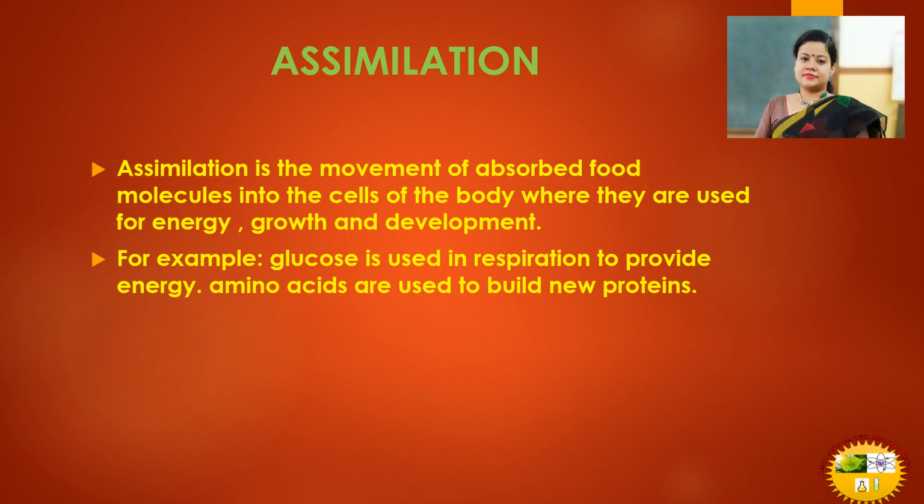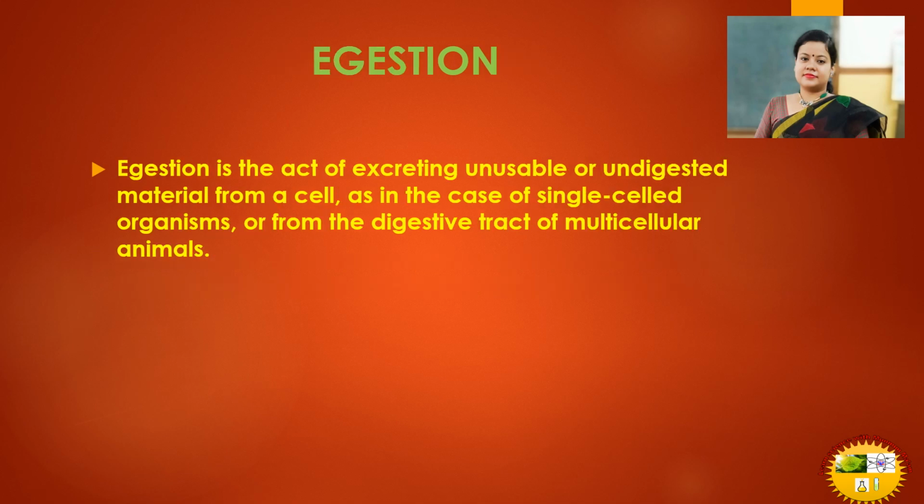For example, glucose is used for respiration to provide energy. Amino acids are used to build new proteins. We know that proteins are the body building food, right? Last step is egestion. Egestion is the act of excreting insoluble or undigested material from a cell, as in the case of single-celled organisms like amoeba.